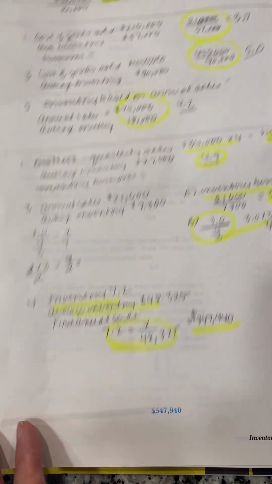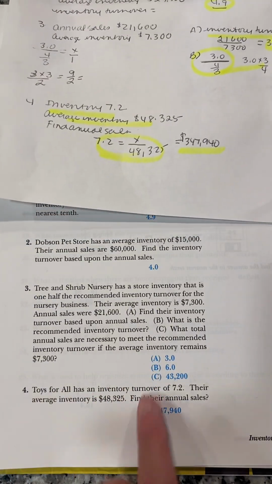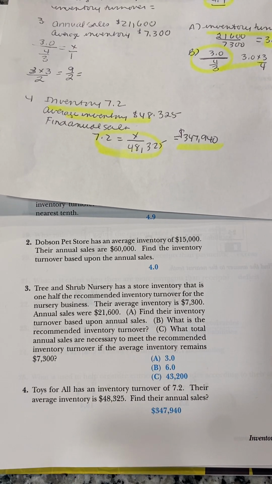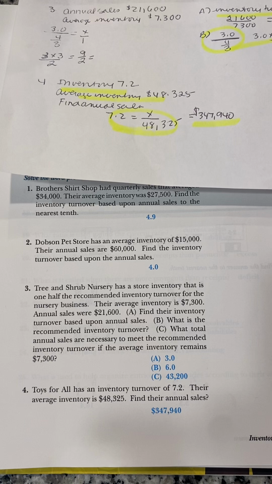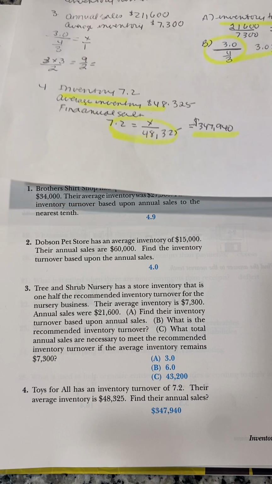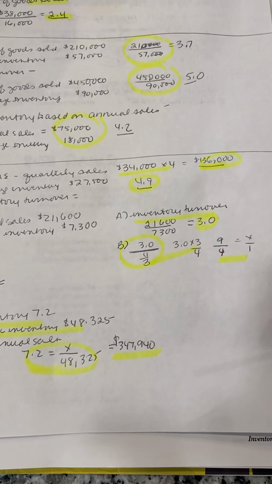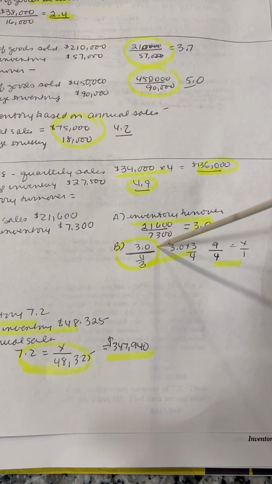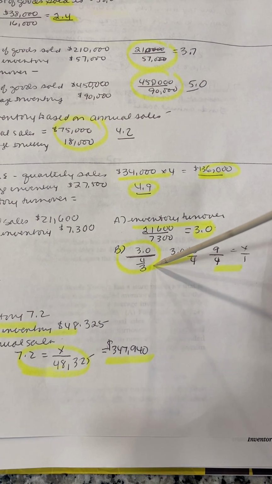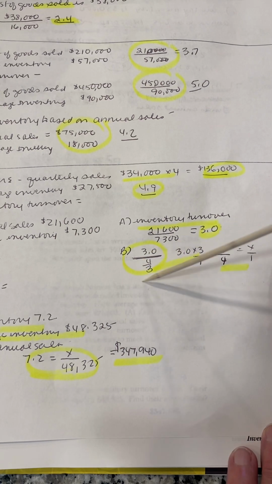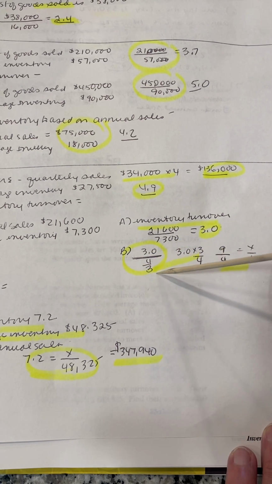Okay. And now B says, what is the recommended inventory turnover? So the recommended inventory turnover is 4/3 of the... you're going to divide 3 by 4 over 3, because 4/3 is always the recommended.